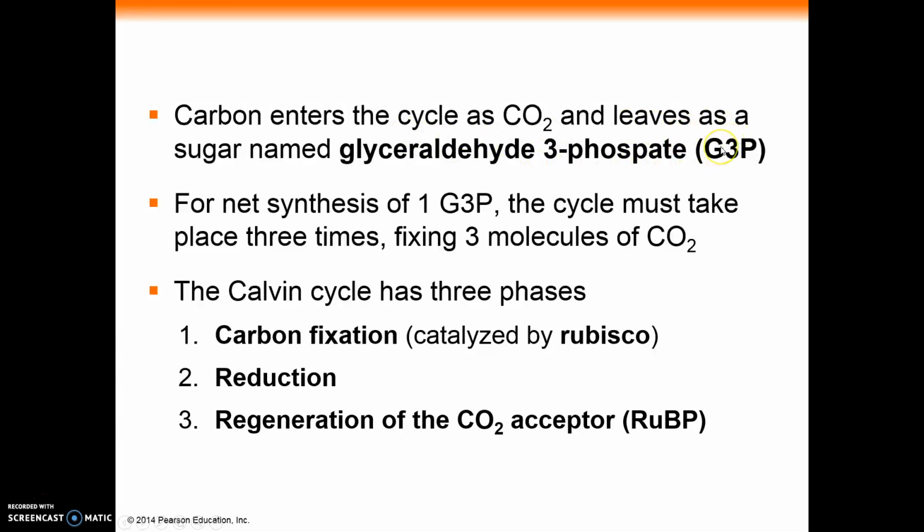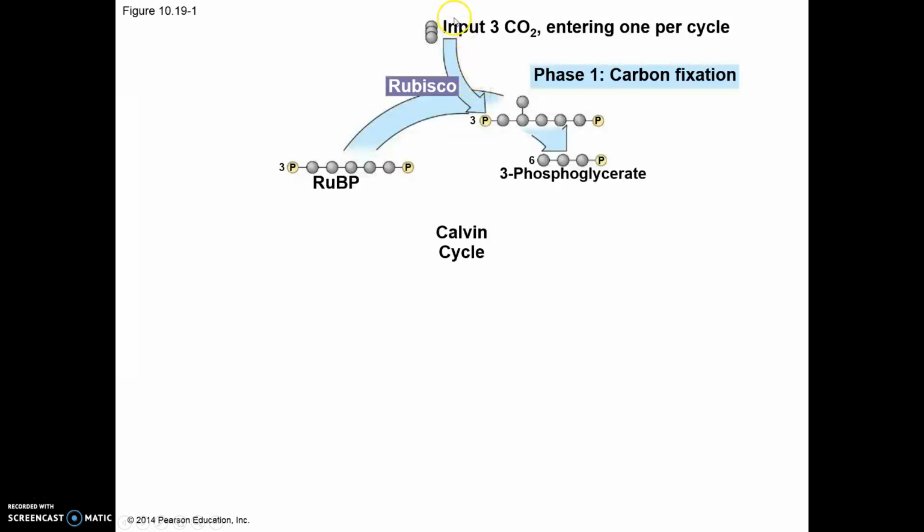We produce this, but we get it from sugar. All right, so this is a three-phase process. So we fix the carbon in this molecule called rubisco. We then carry out a reduction, and then we regenerate the carbon dioxide acceptor. So let's take a look at that.